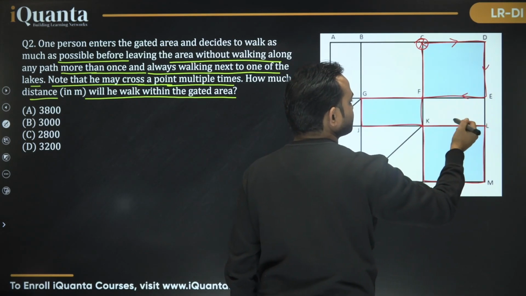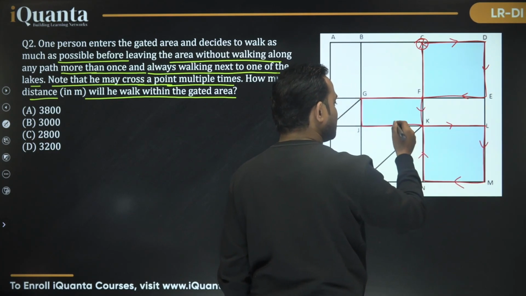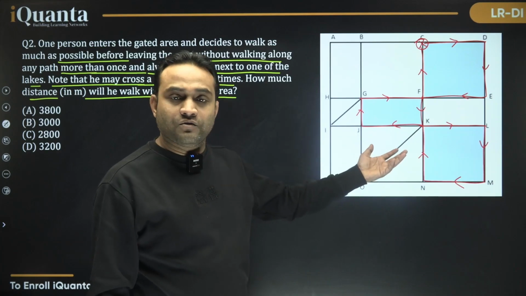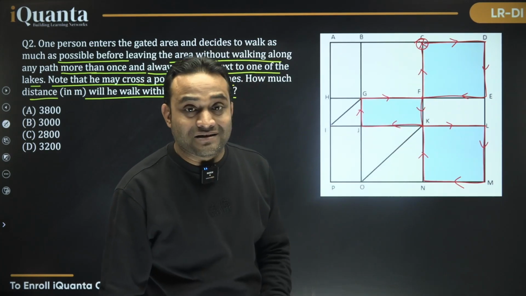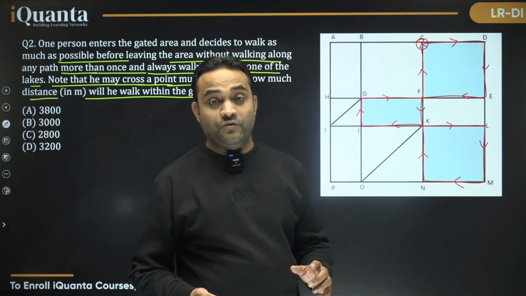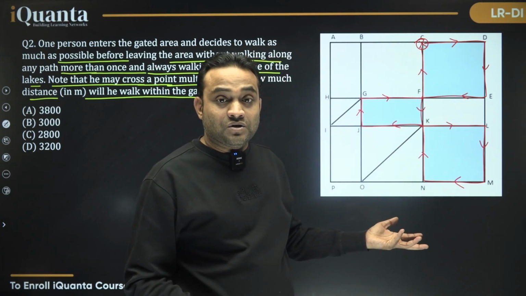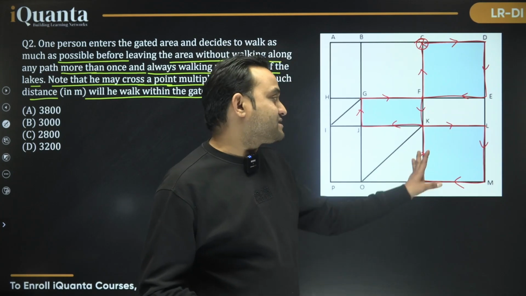Now, in this case, you can see that all the boundaries have been covered, right? So we don't need to think twice here that is there any other possibility, better way, because all the boundaries of all the lakes have been covered. You cannot walk twice on any pathway. So that's it.